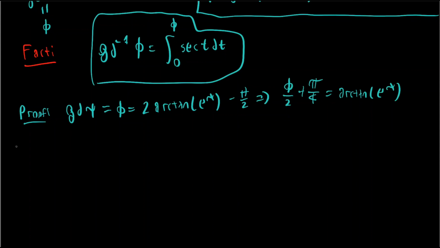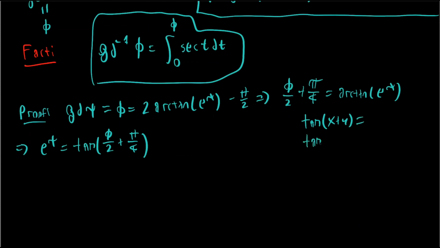And now, by applying the tangent to both sides, we get that e to the psi is equal to the tangent of phi over 2 plus pi over 4. Now we will apply the famous addition identity for the tangent that we recall up here: the tangent of x plus y is equal to the tangent of x plus the tangent of y, all over 1 minus the tangent of x times the tangent of y.